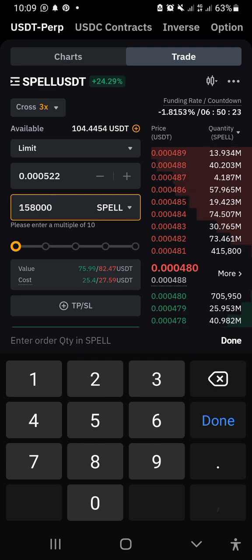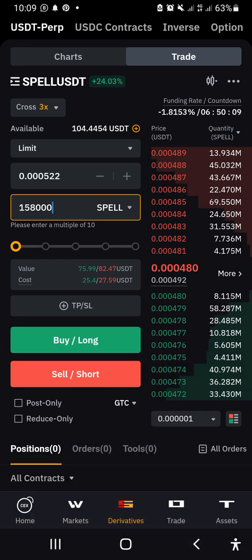When you're making profits, when the trade is going your way, you'll be making more profit, and when the trade is going against you, you'll also be losing more. I will click on sell or short because I want the price to go down.